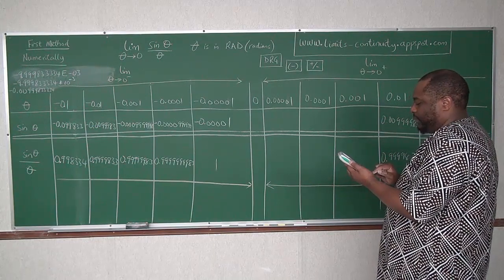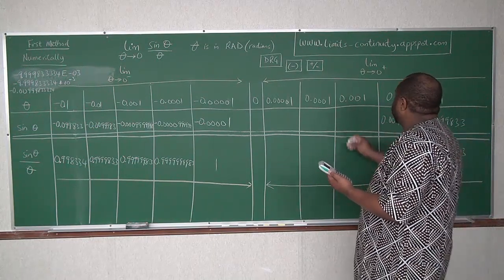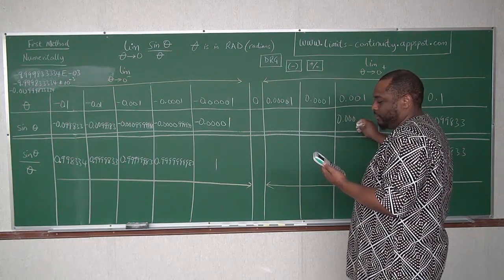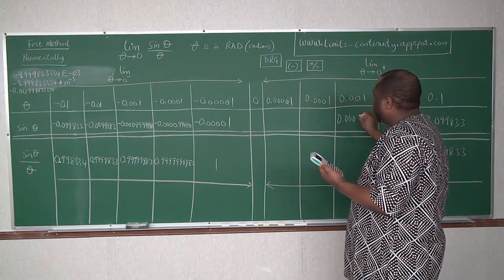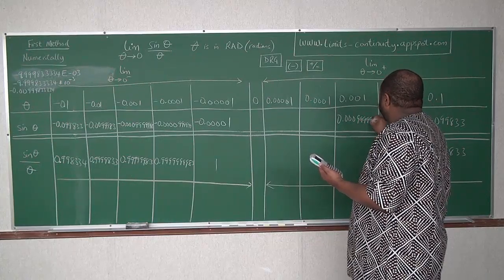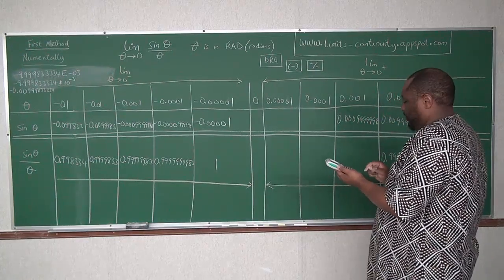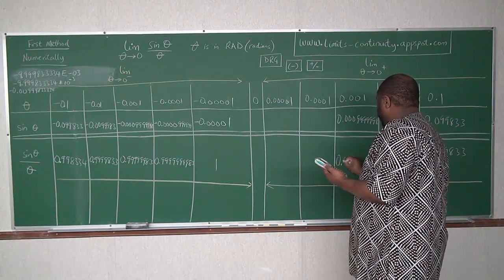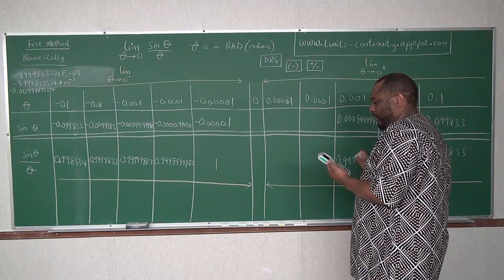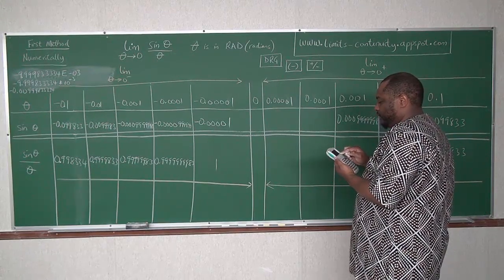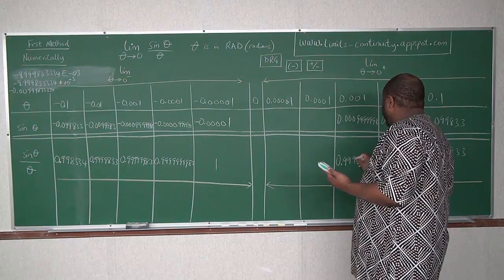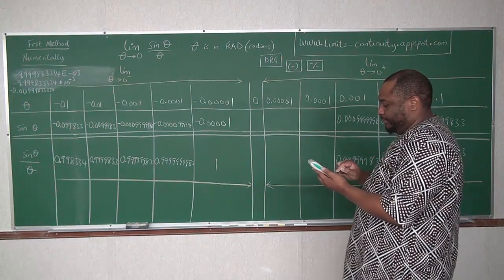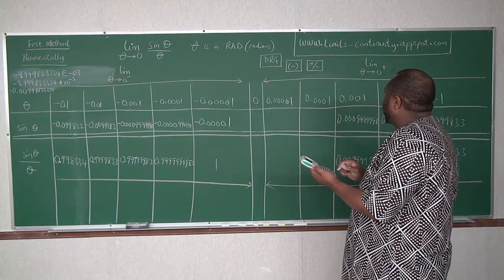Sine of 0.001, so 0.000 1, 2, 3, 4, so 6 nines, 1, 2, 3, 4, 5, 6, 83. Divided by 0.001. And this is just the same thing here.